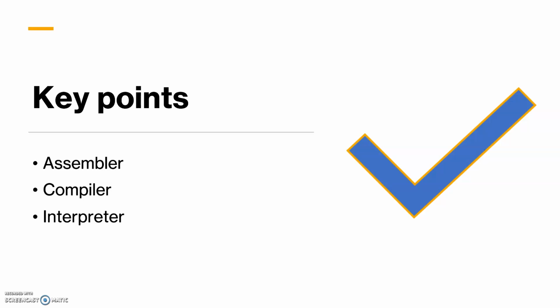Machine code is nothing but a combination of ones and zeros, binary code. Coming to the compiler and interpreter, these two are also used for converting a high level language to machine understandable code. I have already told you the difference between compiler and interpreter. So these are the three key takeaways from this lecture.